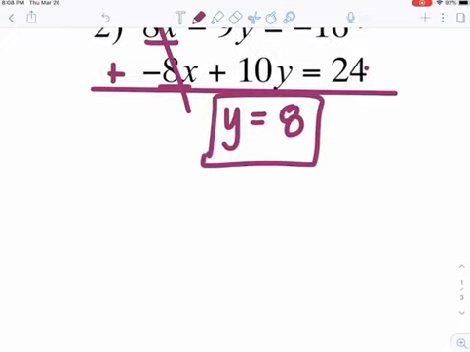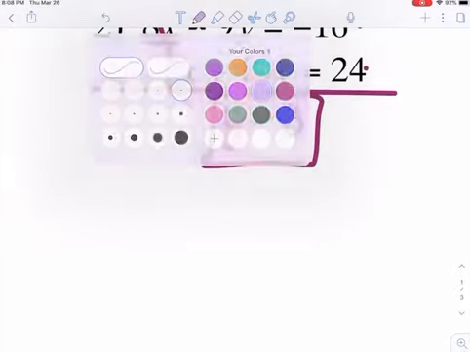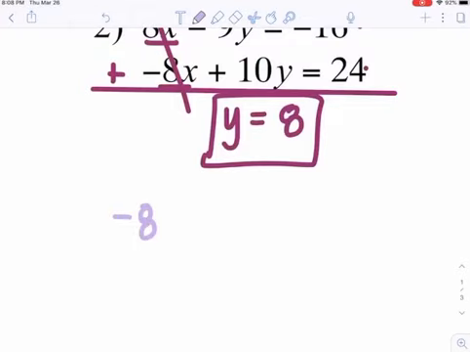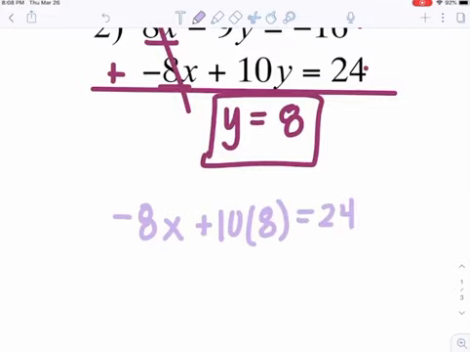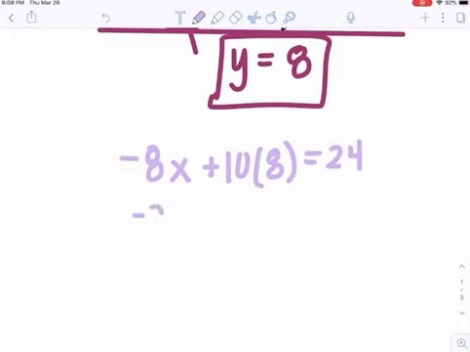Super easy. And then you're just going to plug in y into any equation. I'm just going to do the bottom one since I did the top one in the other example. So instead of negative 8x plus 10y, I'm going to put negative 8x plus 10 times 8, because I know y is equal to 8, equals 24, and I'm going to solve for x. So plus 80 equals 24.